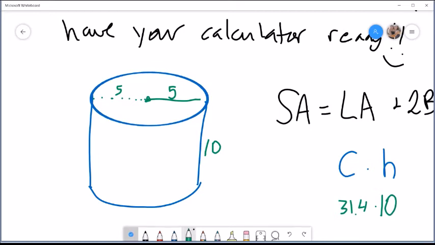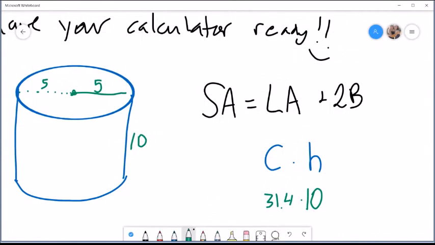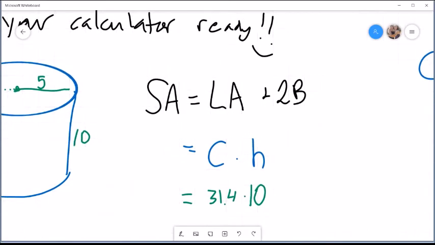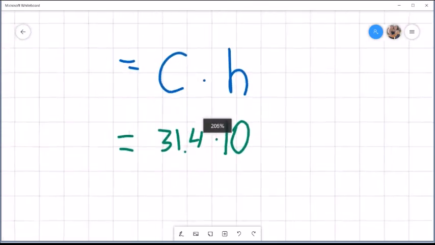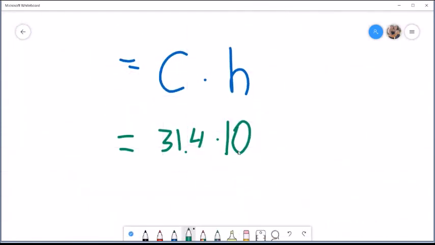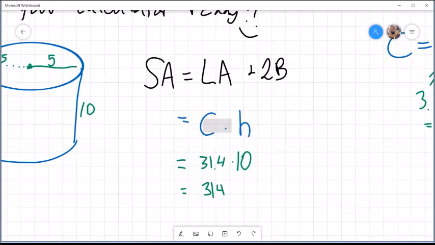So we're going to put that here. Okay, we can do that. 31.4 times 10, we just need to move the decimal point over once. 314. All right, we have the lateral area solved.